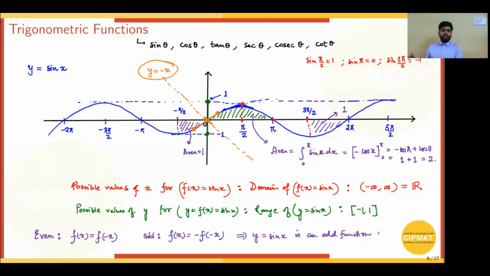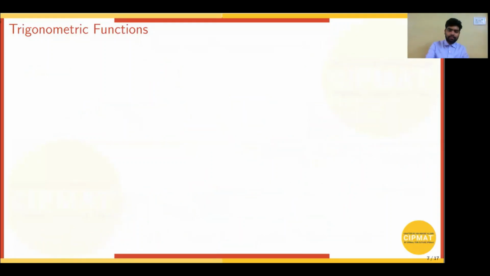Now let's move forward and understand the next trigonometric function, that is y equals cos x. So let's understand this one as well. I want to find out the value of y equals f of x, which is equal to, let's say, cos x.